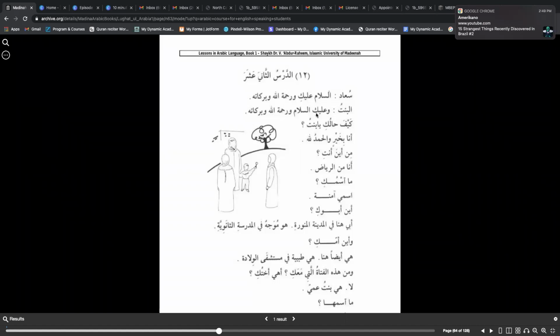So when a woman is being addressed, you use the kaf with a kasra, just like with the pronoun أنتِ, you use a kasra on the ta, which means you, feminine, singular.